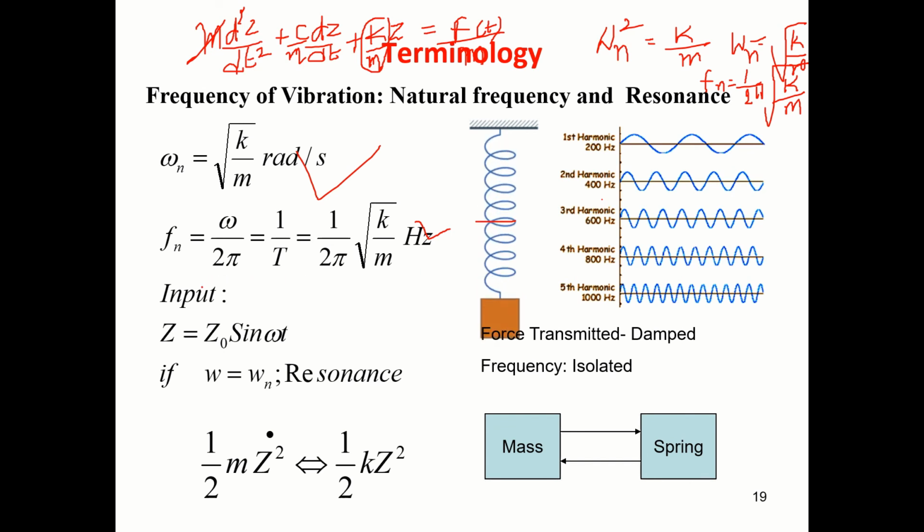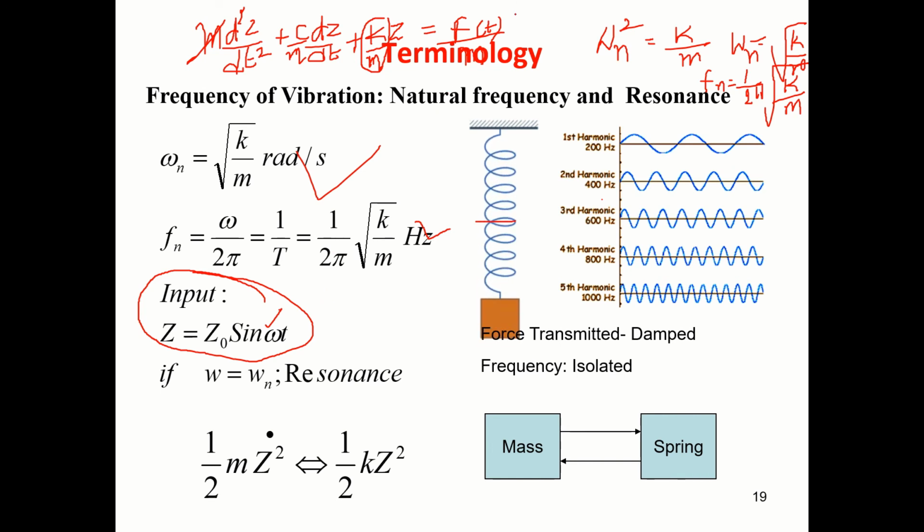Now, suppose the input is something like z equals z naught sin omega t, and this is what you call the input frequency, and the system is oscillating with its natural frequency omega n.